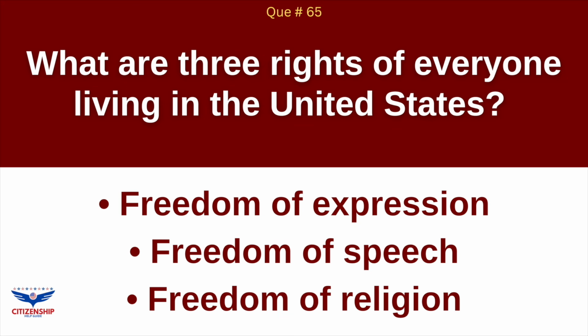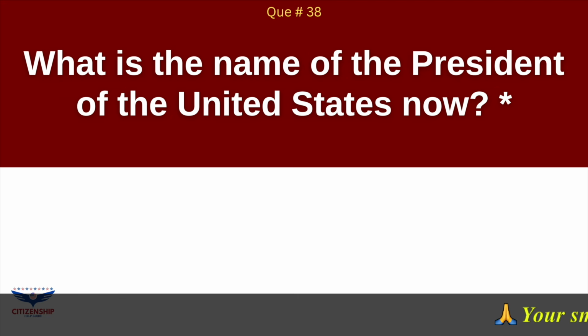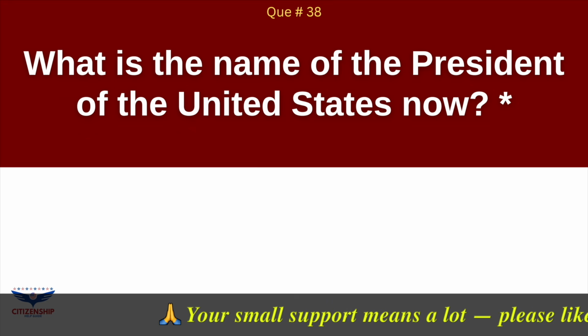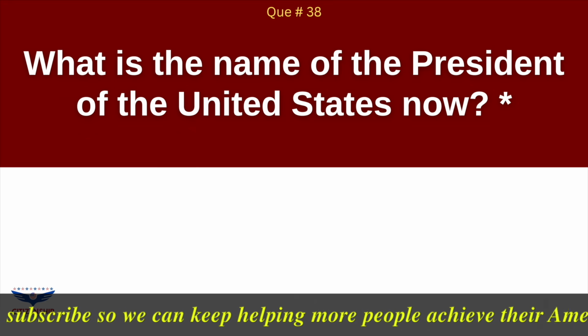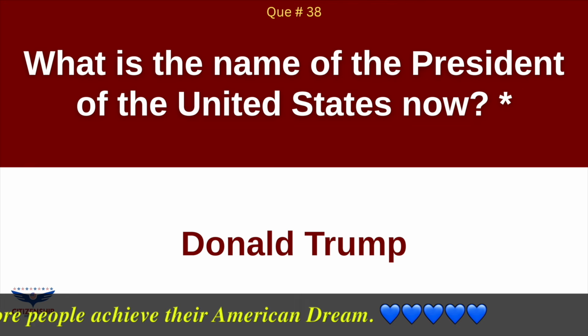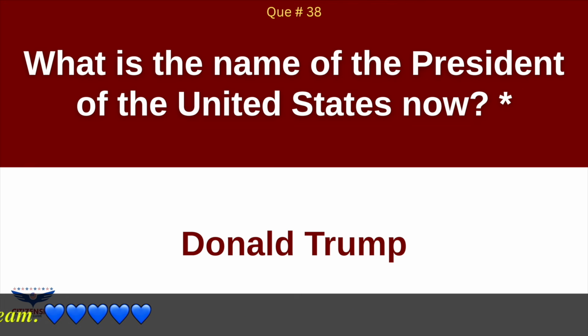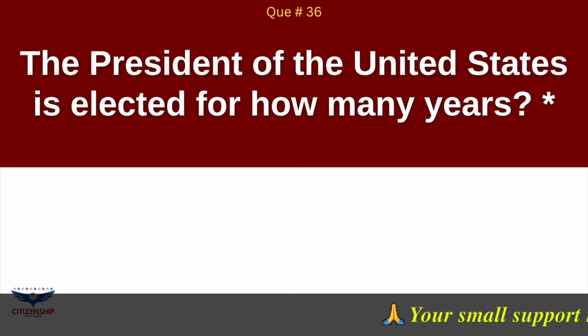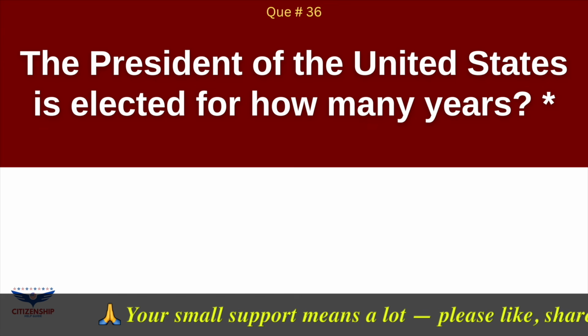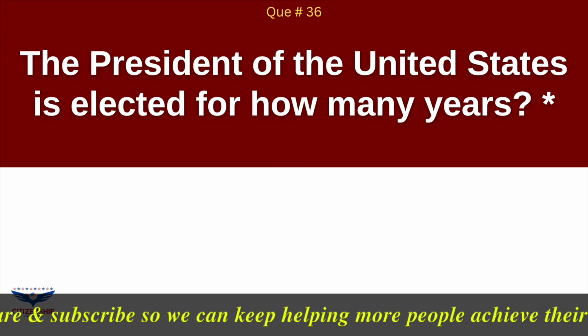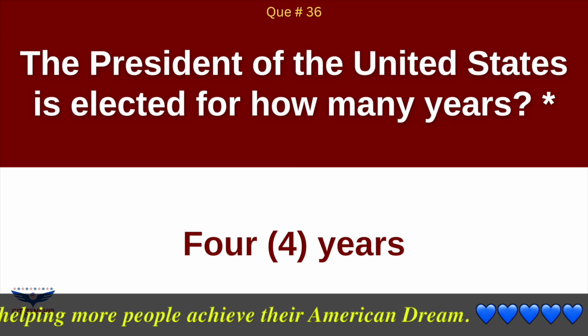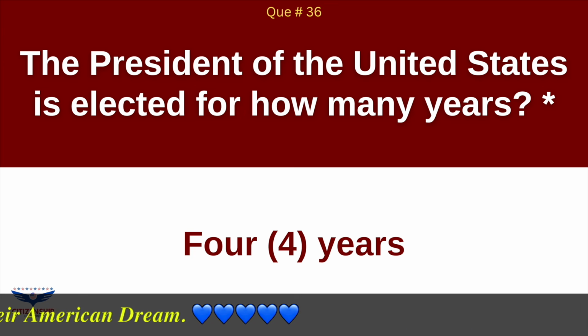Freedom of religion. What is the name of the President of the United States now? Donald Trump. The President of the United States is elected for how many years? For years.